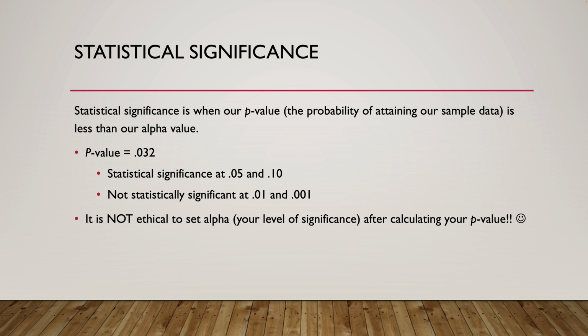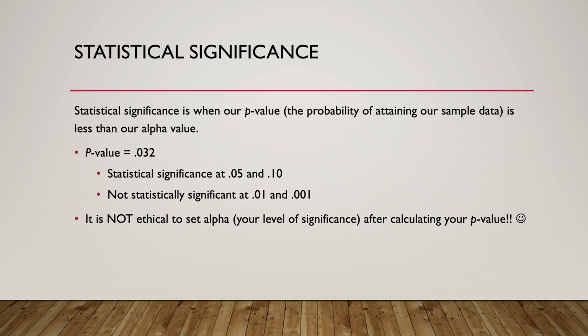So again, the purpose of this video is to talk a little bit more about p-values, but most importantly, there is a trick to reporting p-values in literature. So let's just assume we have a p-value of 0.032.